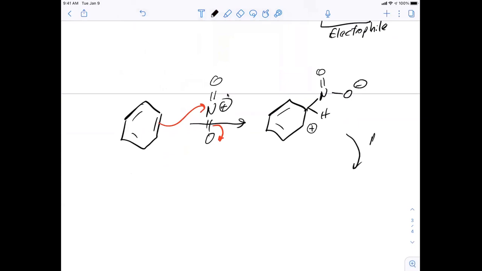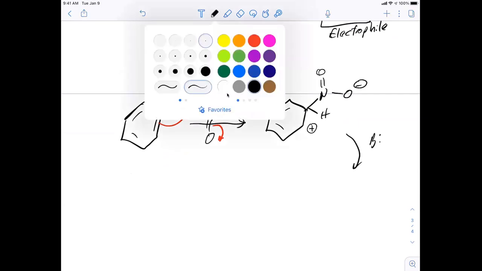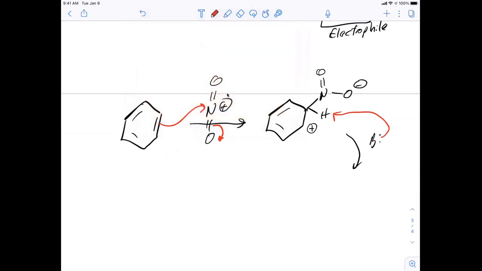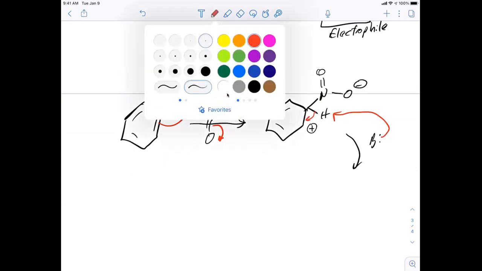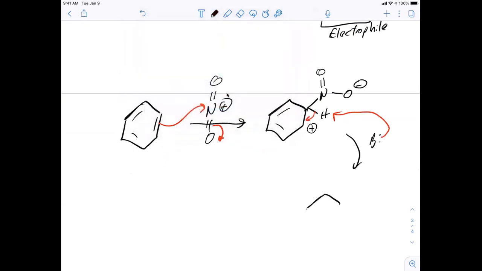So we need a base to pick up that proton. So we do a proton transfer. Recreate that aromatic system. That's the driving force. And then we have our nitro group on the side. And I keep dropping the positive on my nitrogen. Questions about this one?